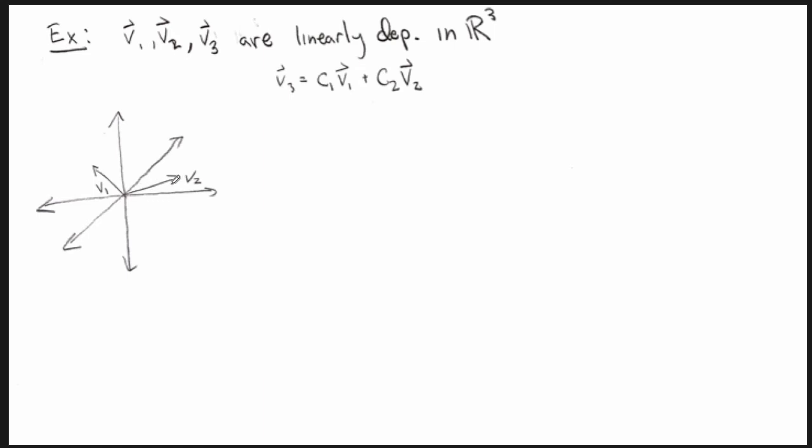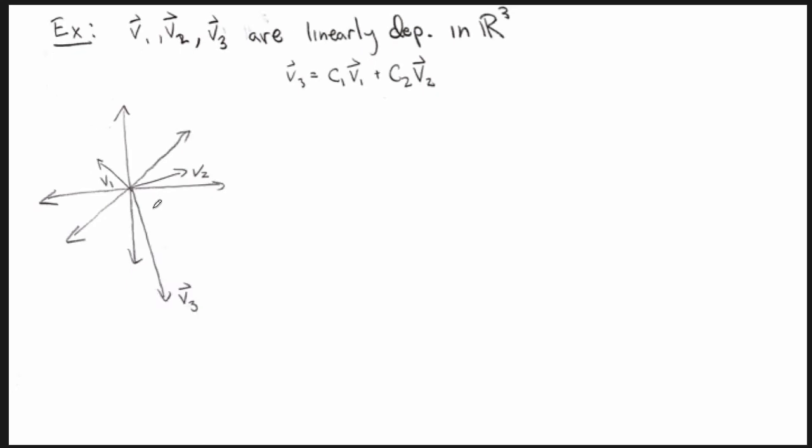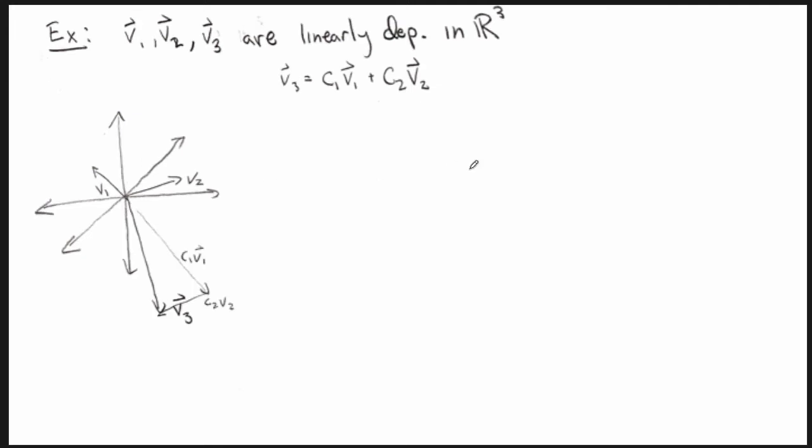I can't draw three-dimensionally, but you can imagine that these aren't exactly lying on the plane of the paper. So v3 goes out like so. Now, if v3 is a linear combination of v1 and v2, I can get to v3 using v1 and v2. In particular, I could say that c1 v1 and c2 v2 gets me to v3.